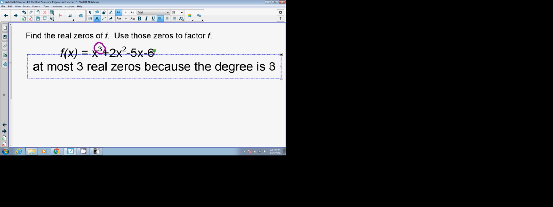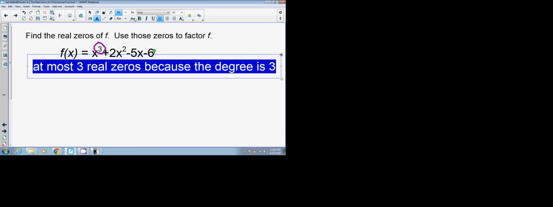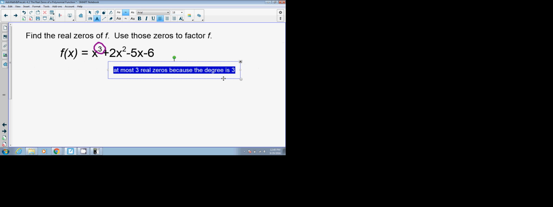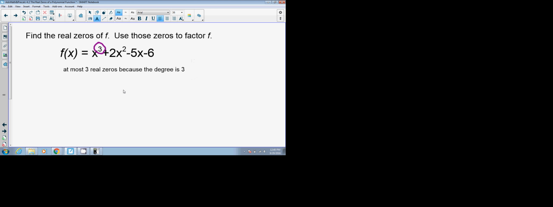So the degree will always tell you the largest possible amount. It doesn't necessarily have to have that amount of zeros, and we'll see that in one of the future examples.